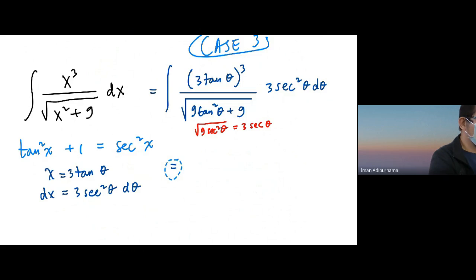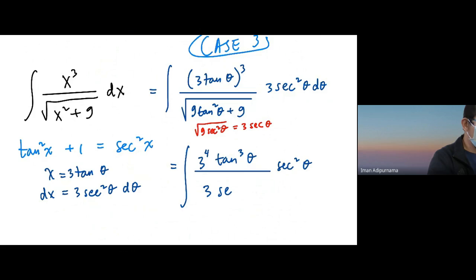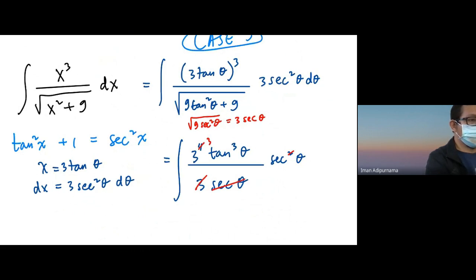So the whole thing becomes 3 cubed tangent cubed theta, and then secant squared theta, and the bottom one is 3 secant theta. Forget d theta for now.